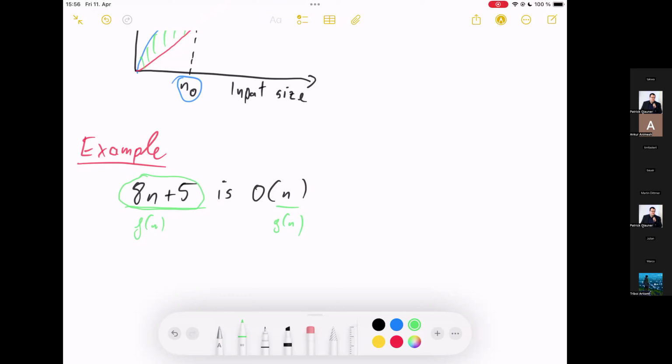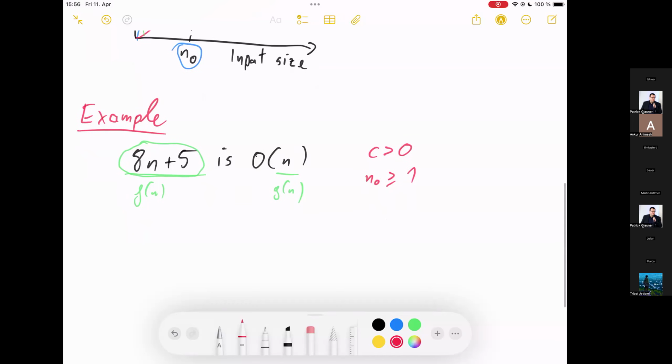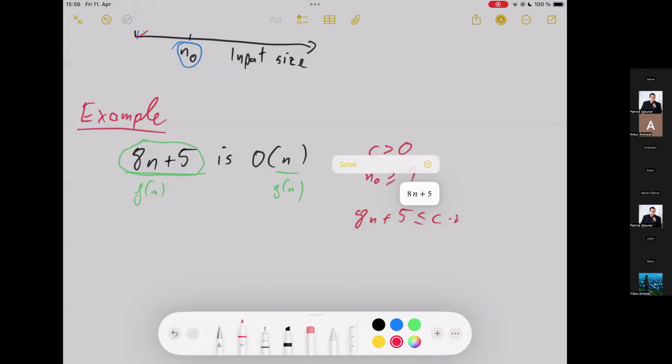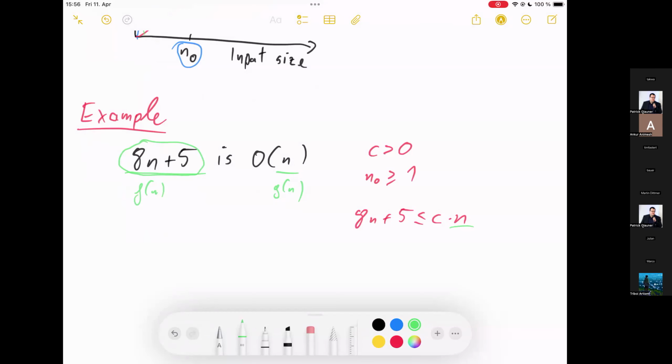So we need to find a constant c that is greater than 0, and we need our integer constant n0 that is greater than or equal to 1, so that our 8n plus 5 is less than or equal to c times n, because this was our g of n, which is just n. And this needs to hold true for all n that are greater than or equal to n0.